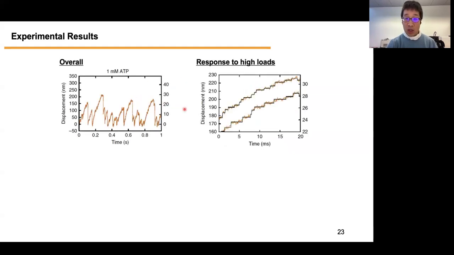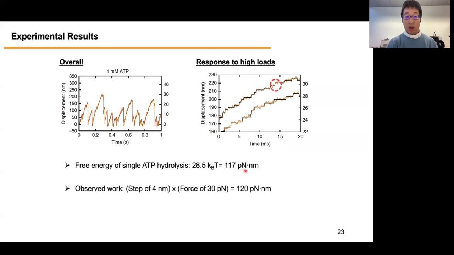When you look closely, they found something interesting. The free energy of single ATP hydrolysis was around 117 piconewton nanometer, whereas in some cases, the observed work in each step was 120 piconewton nanometer.